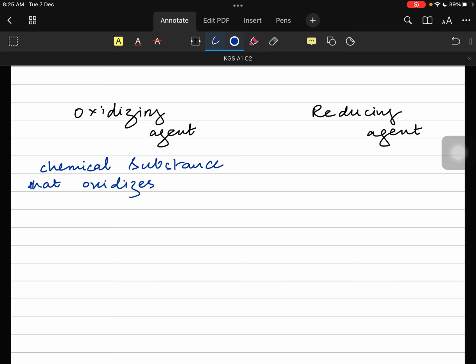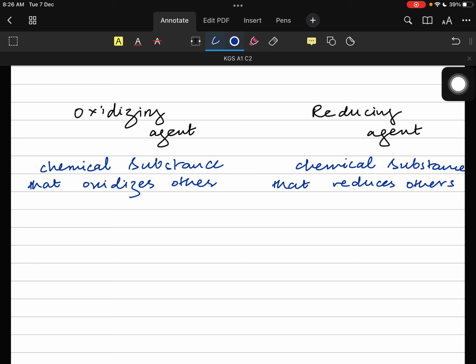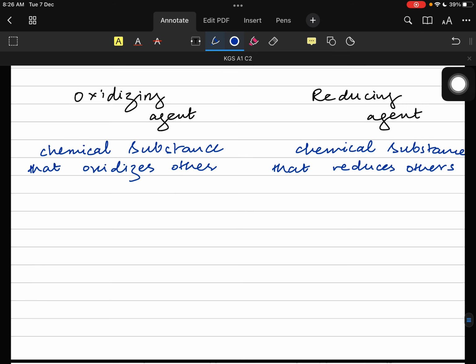The name implies that it's an oxidizing agent, so it oxidizes others. The reducing agent is a chemical substance that reduces others.